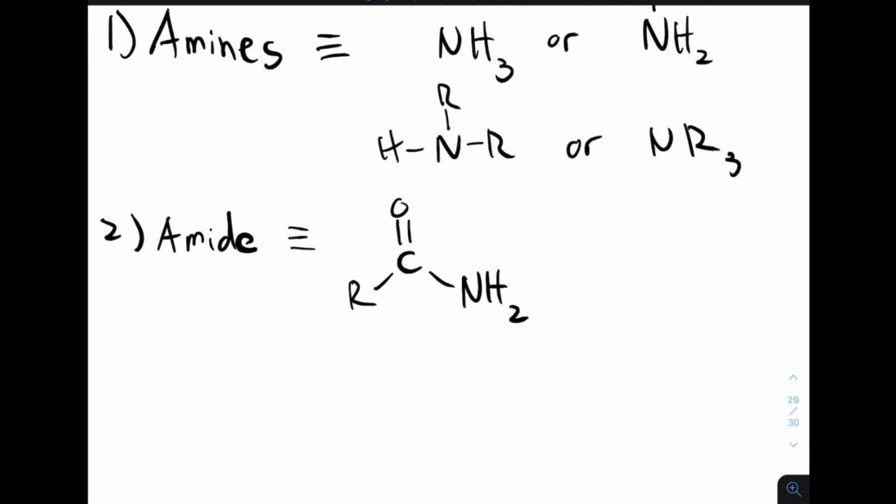Okay, so this is how amides typically look. Could also be a situation where it could be attached to something else, another alkane group, but this is still considered an amide, all right?